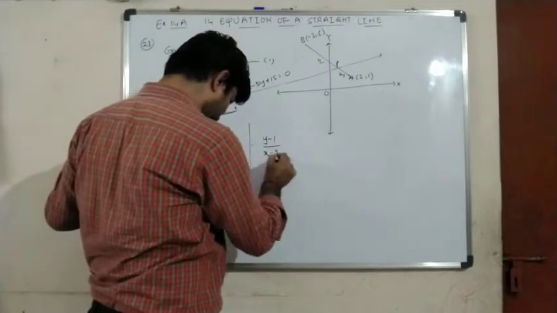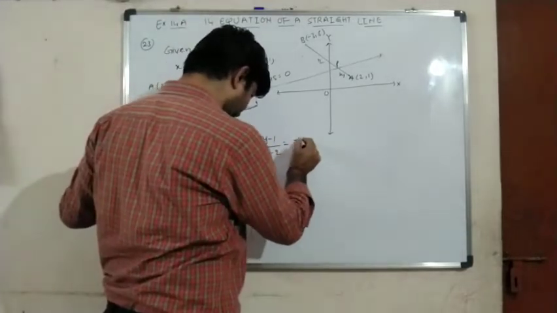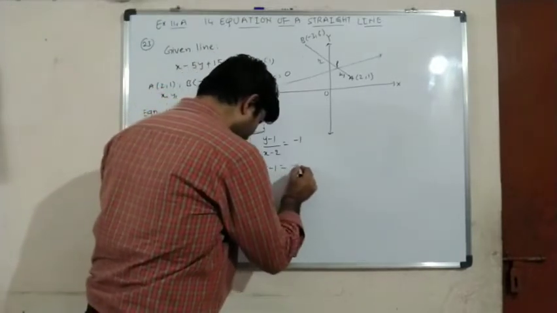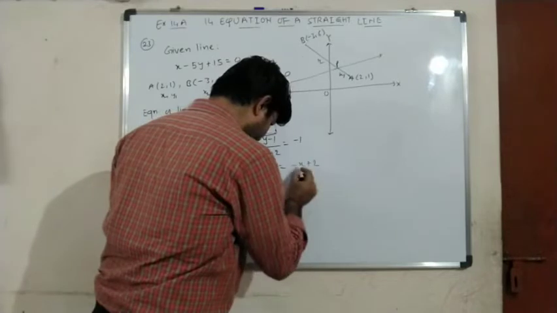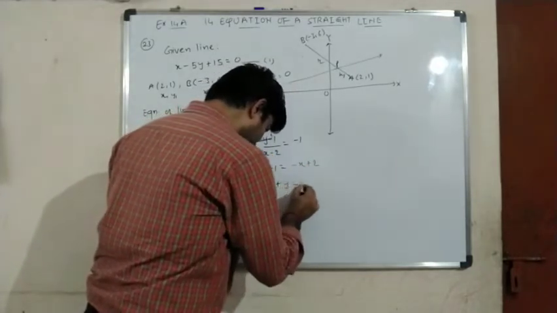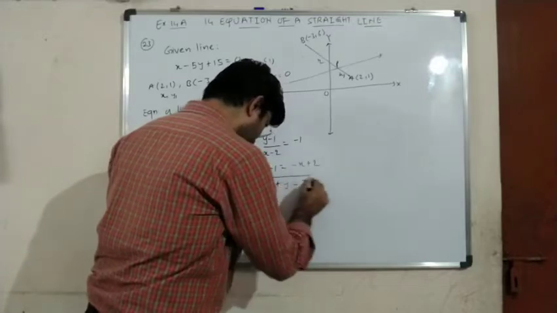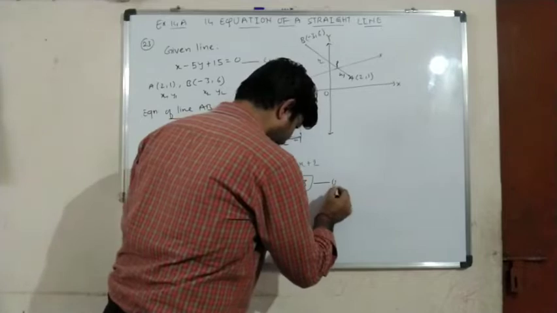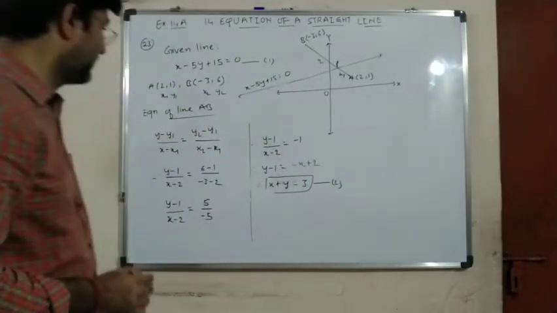Therefore y minus 1 is equal to minus x plus 2, and therefore x plus y is equal to 3. So we got the equation of line AB.